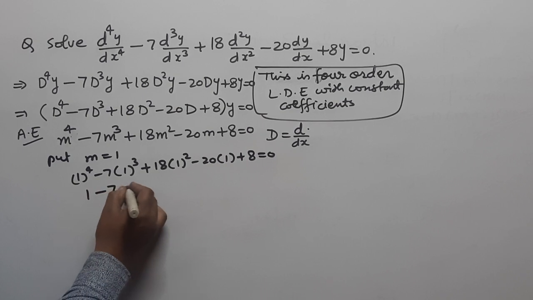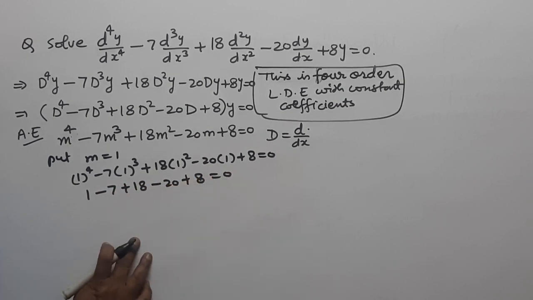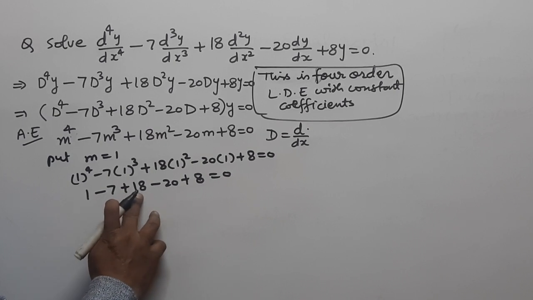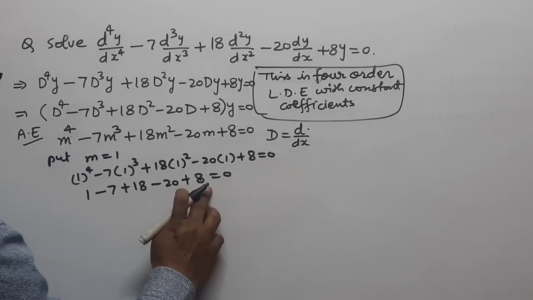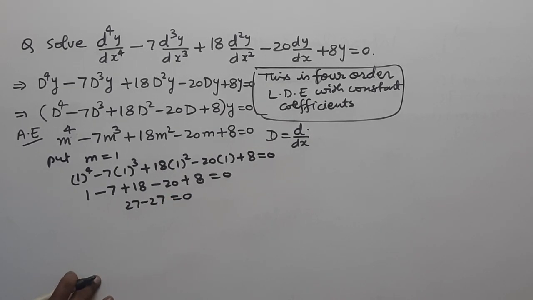Here 1 minus 7 plus 18 minus 20 plus 8: 18 plus 8 is 26, plus 1 is 27, minus 27 equals 0.